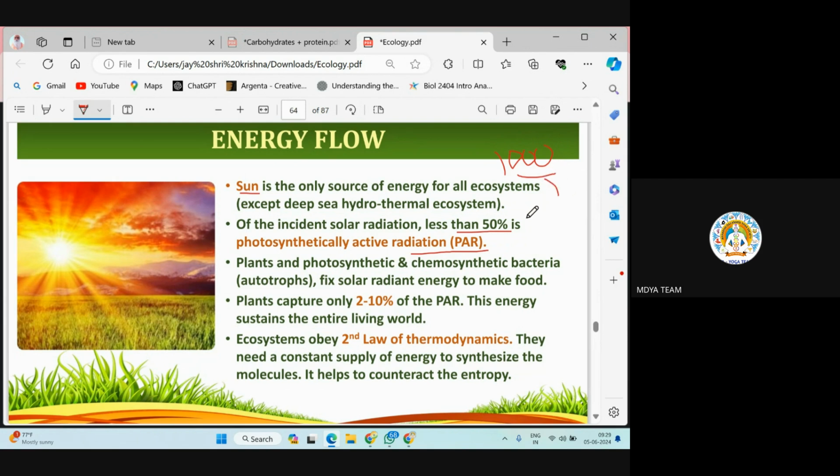So only 50% of this 1,000 plants can use for photosynthesis. Rest is UV rays, harmful rays. So 500 joules plants can use. Out of this 500, plants are only using 2 to 10%. So this 2 to 10% is giving energy to our whole ecosystem, to our whole earth.